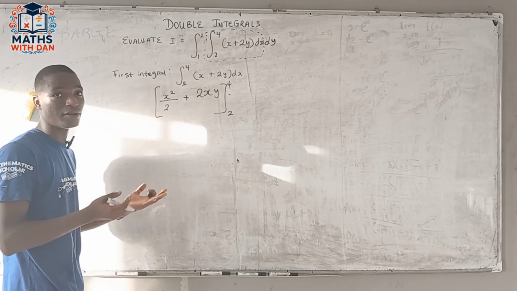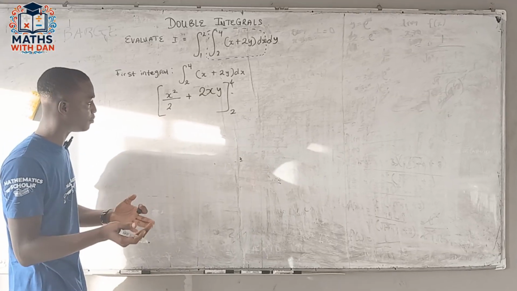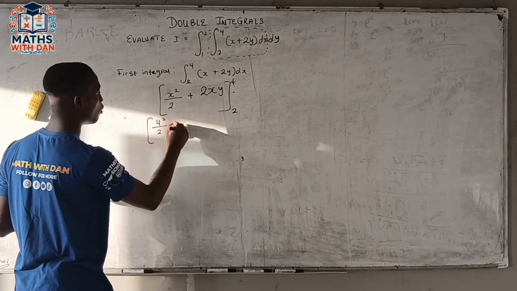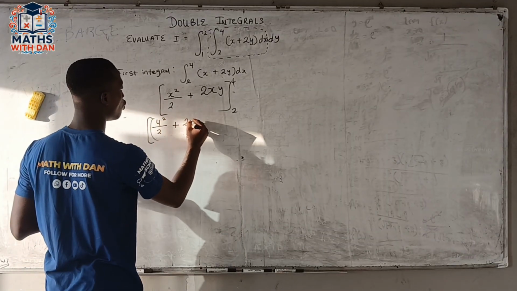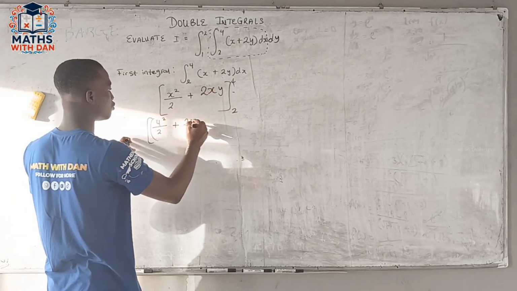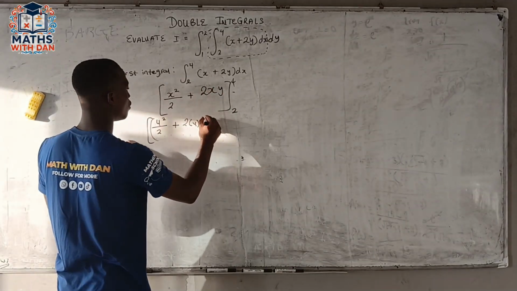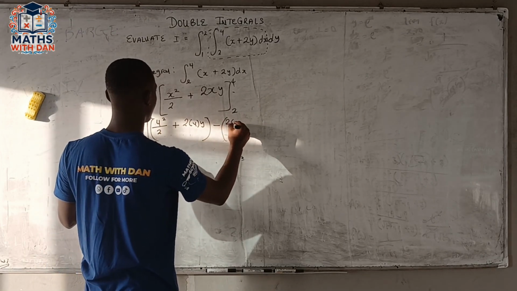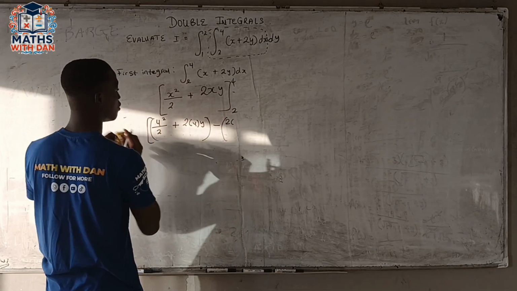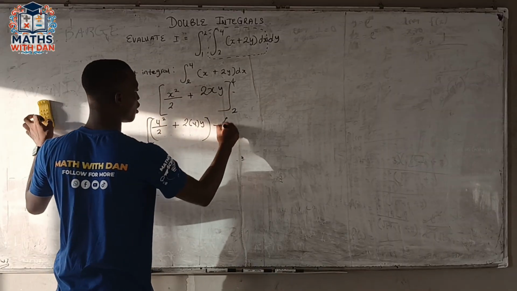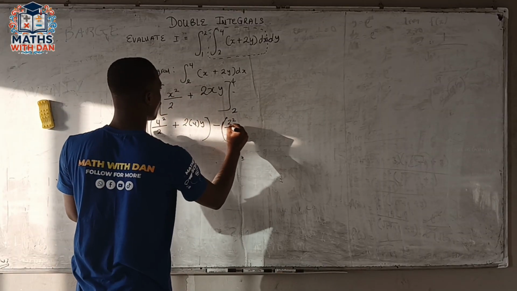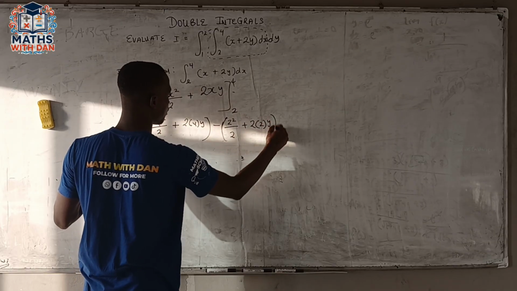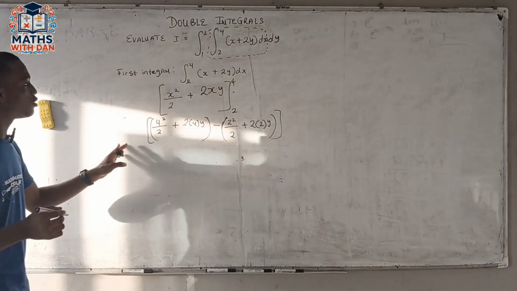We have boundary A and boundary B. So we are going to have 4 squared over 2 plus 2 open bracket, whenever I see x, you substitute, which is 4y, close bracket, minus 2 squared over 2 plus 2 open bracket 2y. Right? Then you close.